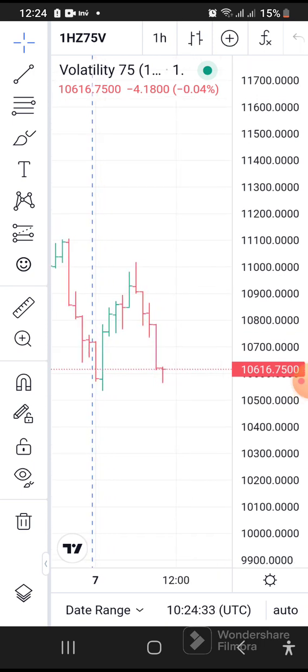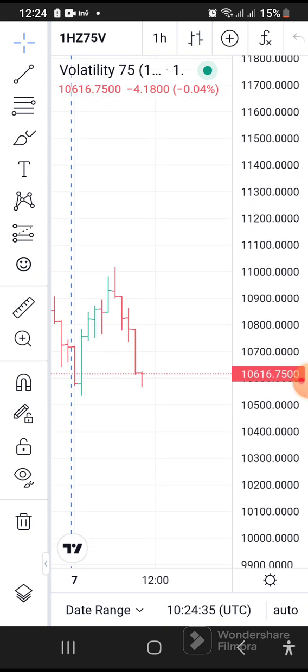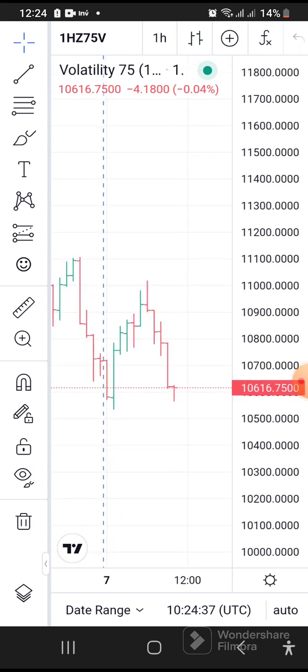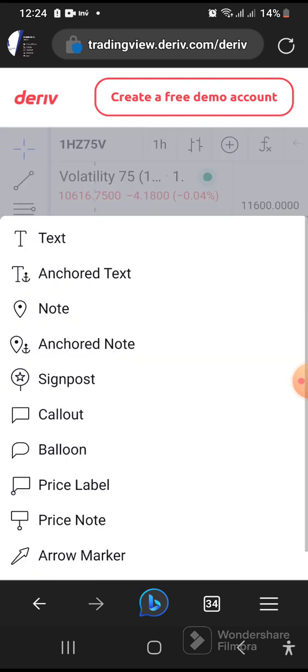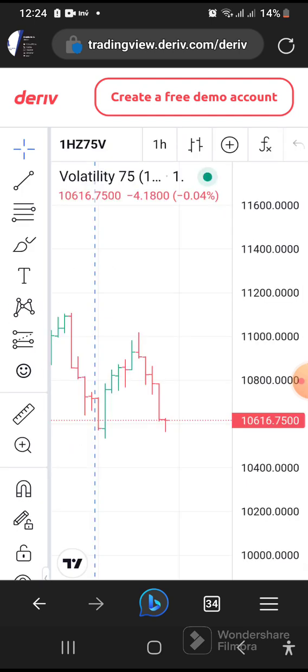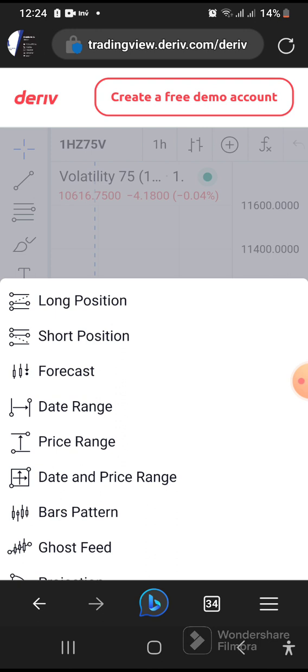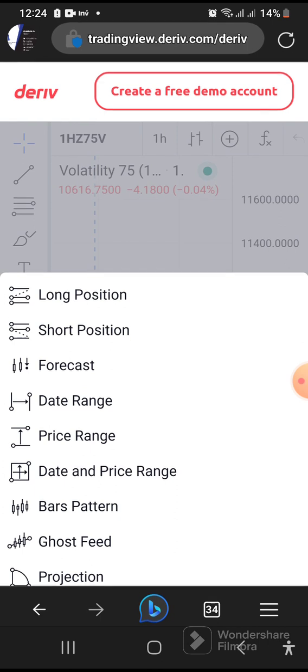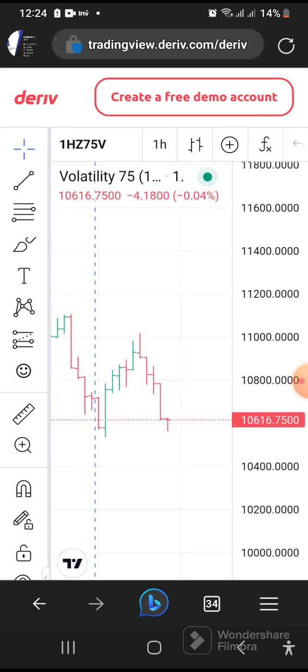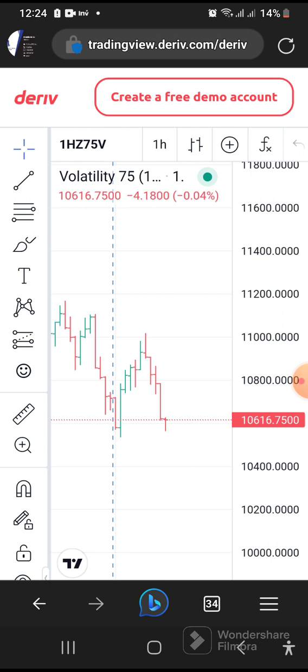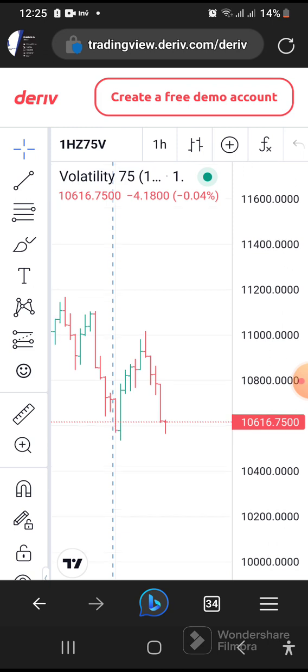Normally, to know where today's session will be ending, we have a calculator where we can go to our indicators and highlight the date range, price range, or the forecast of where today's bars will be finishing.